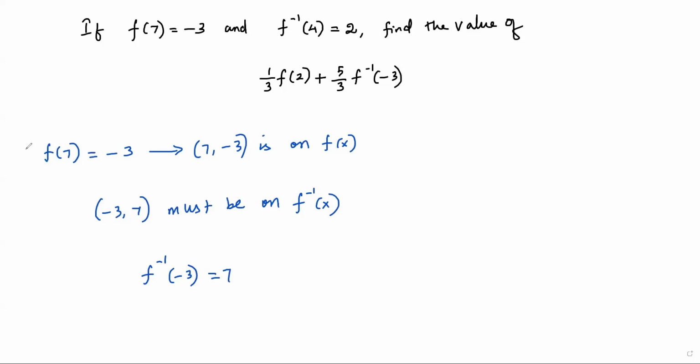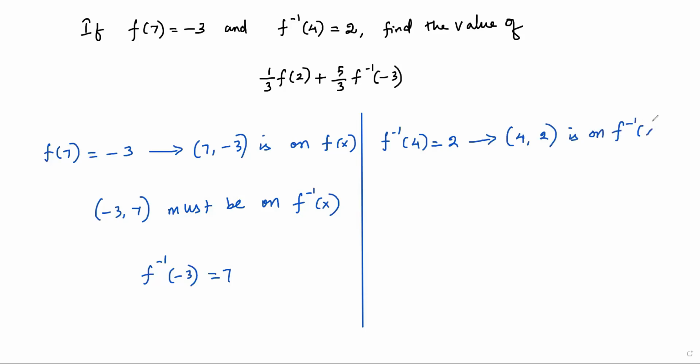Now let's do the same work with the second piece of information, that is f inverse of 4 equals 2. If f inverse of 4 is equal to 2, then the point 4 comma 2 is on the graph of f inverse of x.